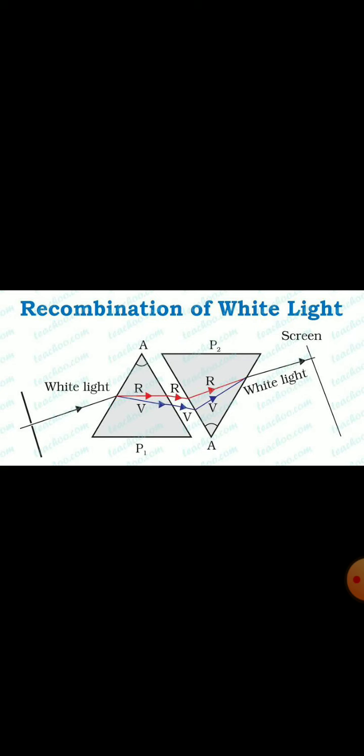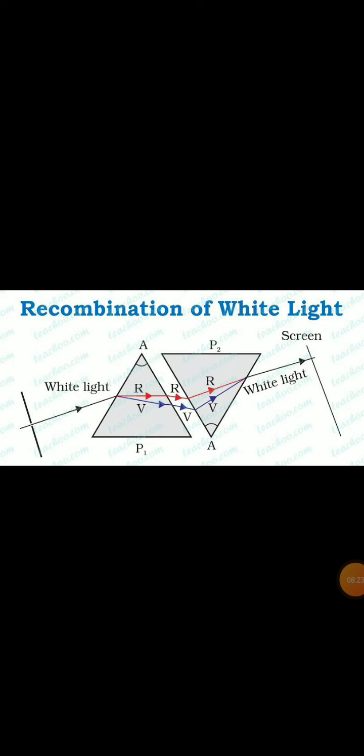In short, when a white ray is incident on the first prism, we get 7 colors by dispersion. When those 7 colors were incident on another prism, kept in an inverted position as shown in the figure, he got a white beam of light which emerged from the second prism.